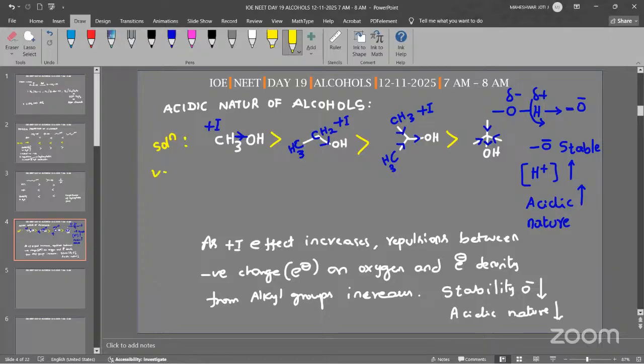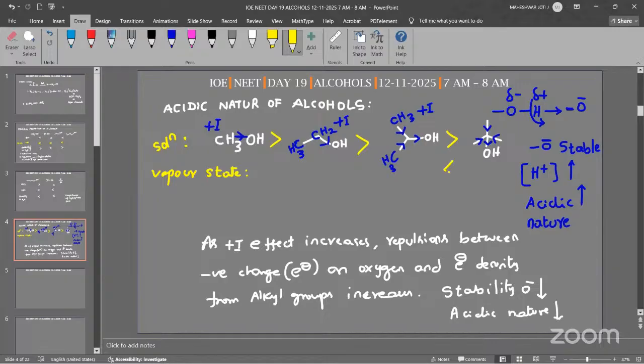Now in vapor state. See, in vapor state, molecules are away from each other. So it is reverse to the solution state.